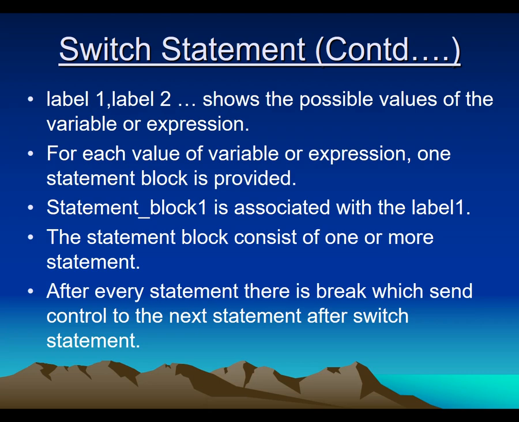Once the statement gets executed, only one selection is made. In this switch statement we get multiple choices, but that doesn't mean every choice will be executed at the same time. Only one choice will be executed at one time. Whatever choice is entered by the user and validated by the program will be executed, and at last the switch gets terminated with the statement called break.